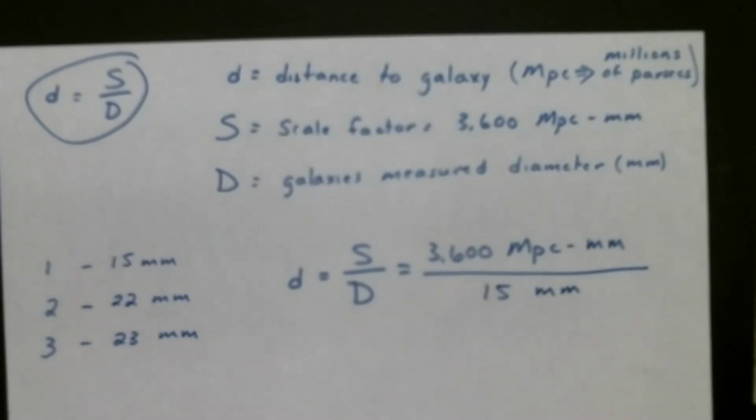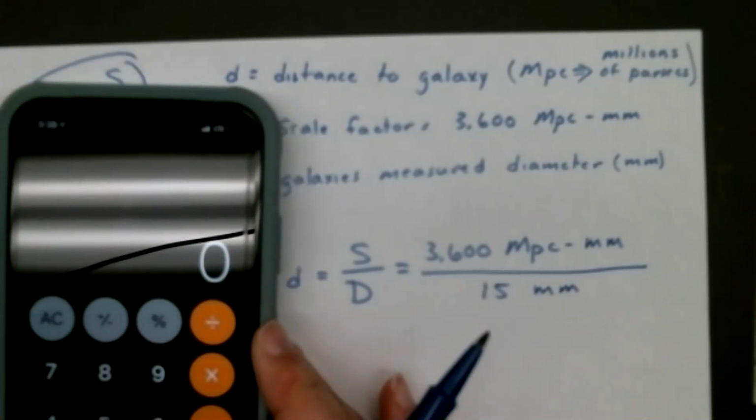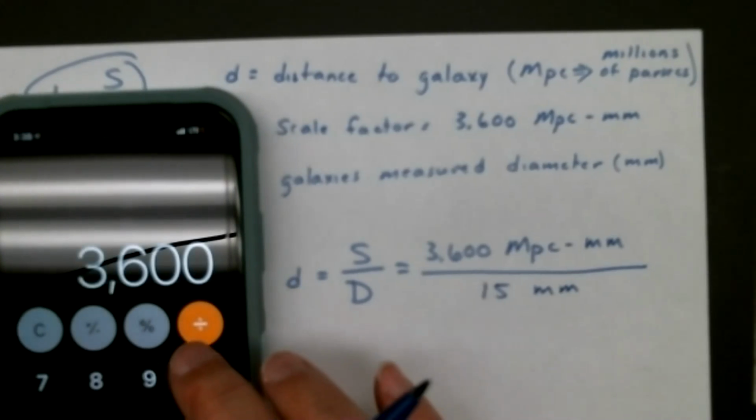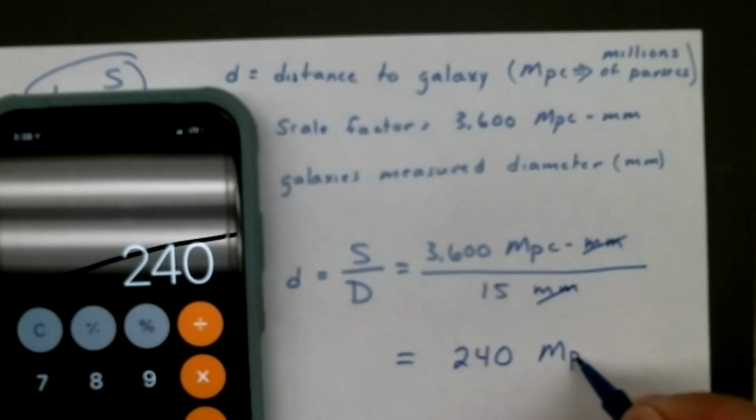Okay, then we're going to take our calculator. 3,600 divided by 15, 240, and the units are million parsec.